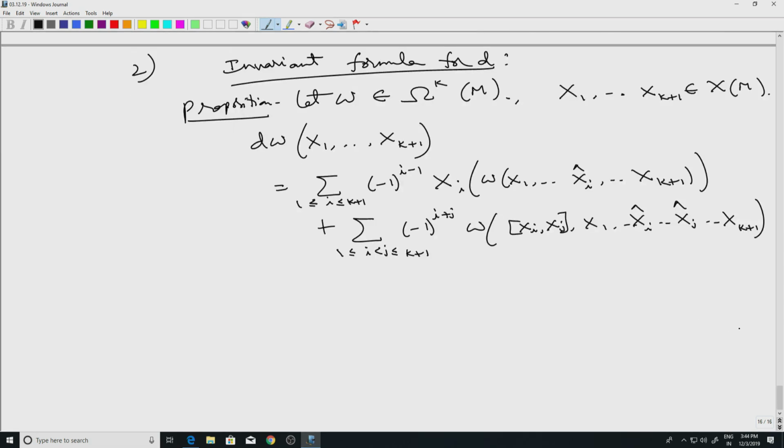Let me explain what these things mean. First of all, when I write a hat over a vector field, it just means that that entry is omitted.